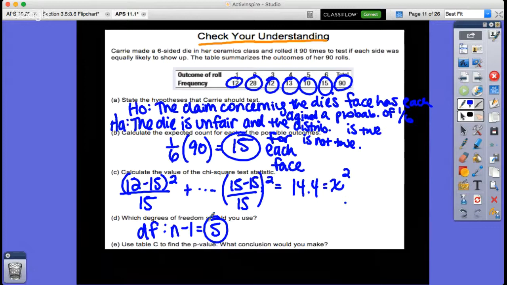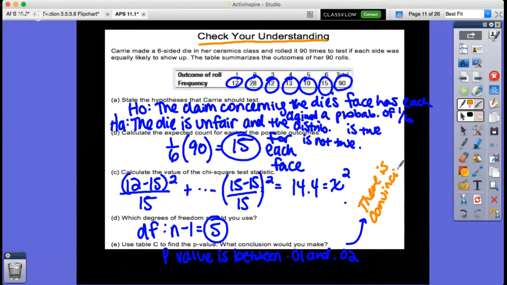And once we see what our chi-square is, we find that the p-value is between 0.01 and 0.02, which just means that now we can say that there is convincing evidence to reject the null.